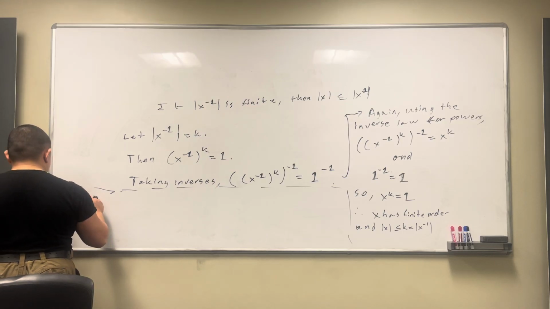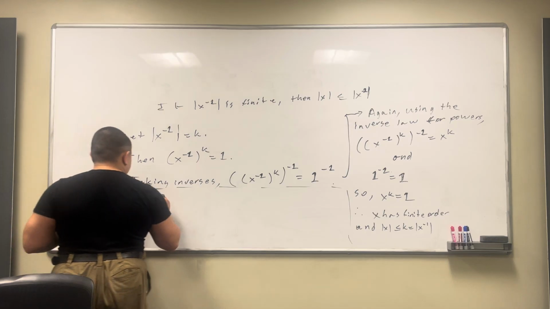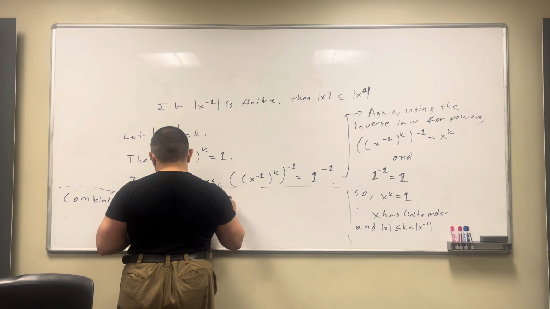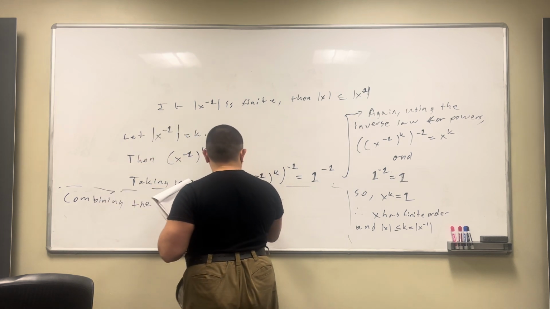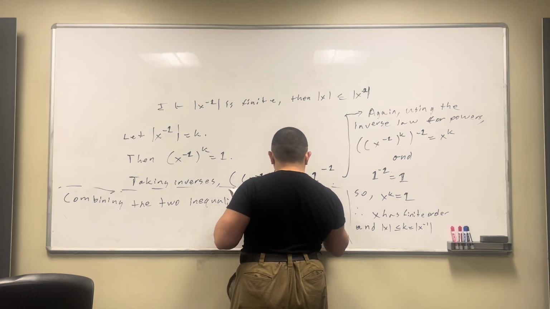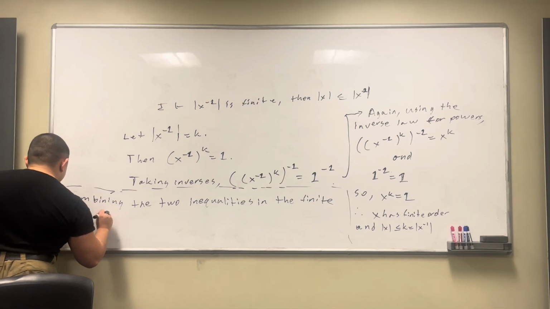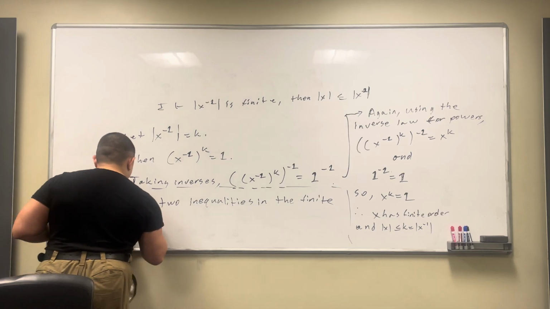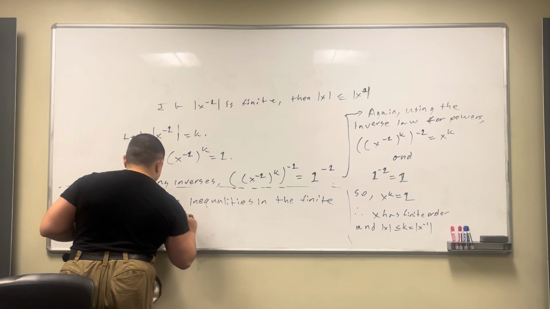Combining the two inequalities in the finite case yields that the order of x is equal to the order of the inverse of x.